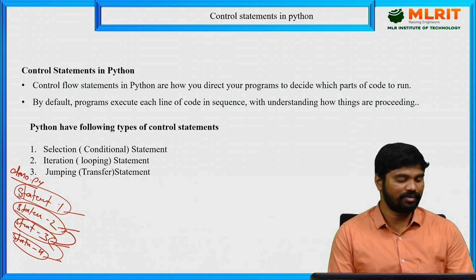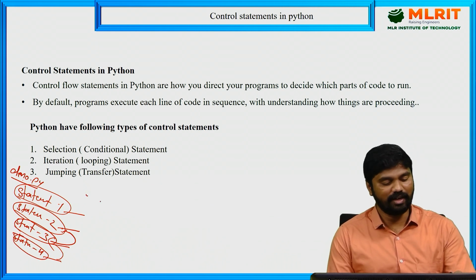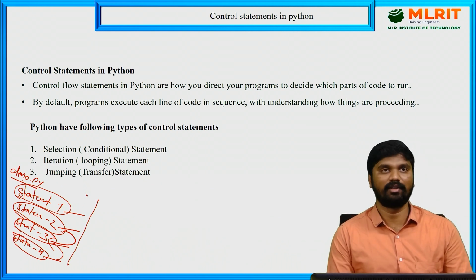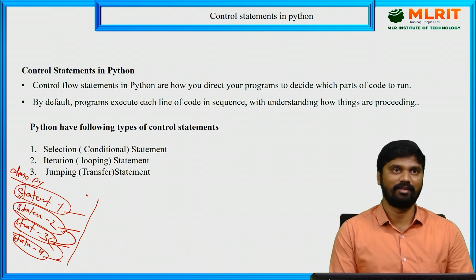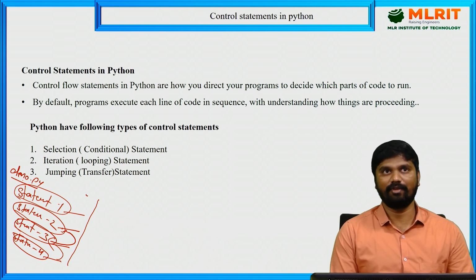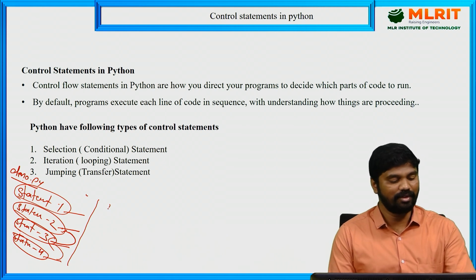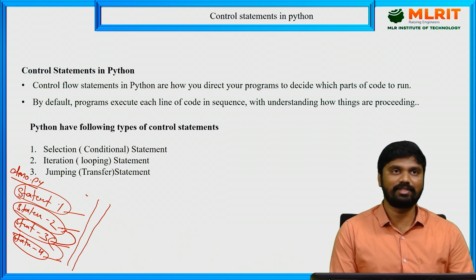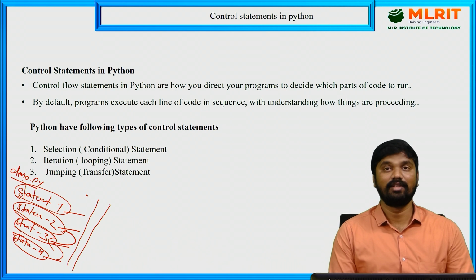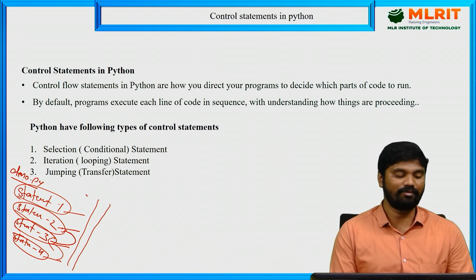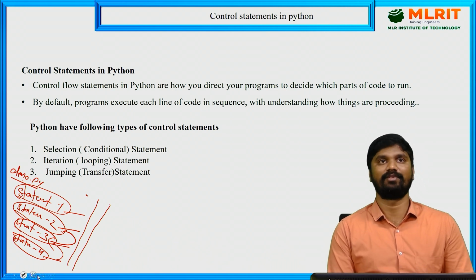Statement 4. So statements execute in order, one by one. So what is the flow of execution? One by one, right? This type of flow of execution is called sequential execution.